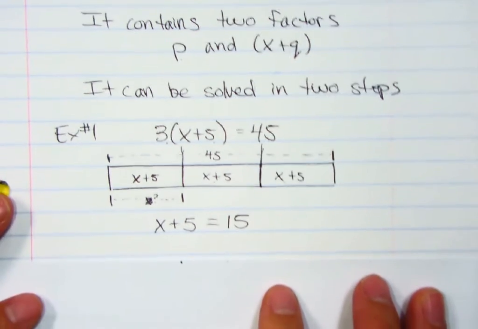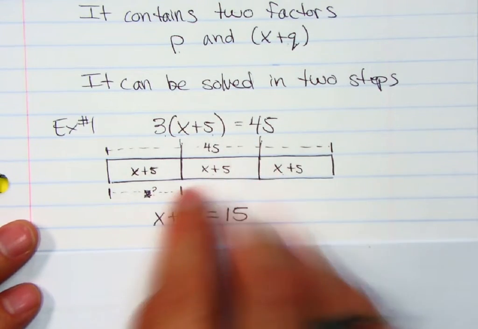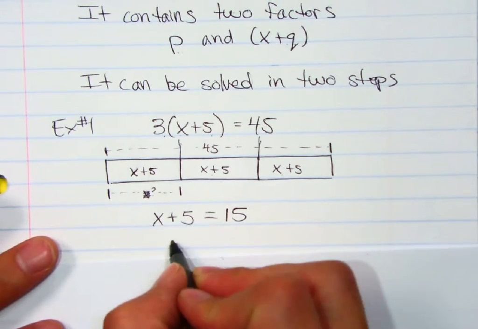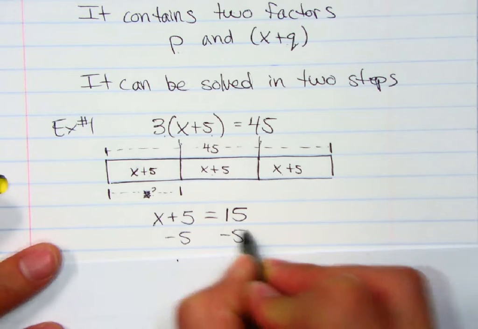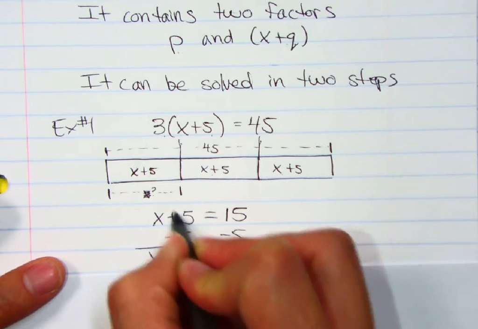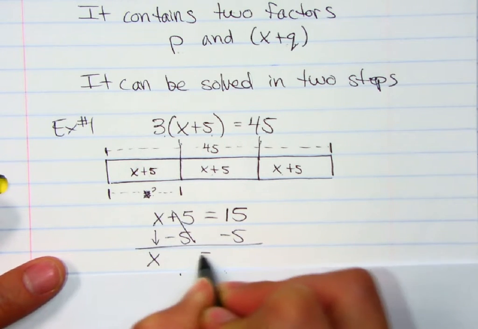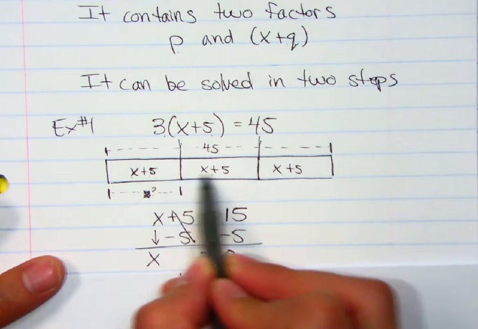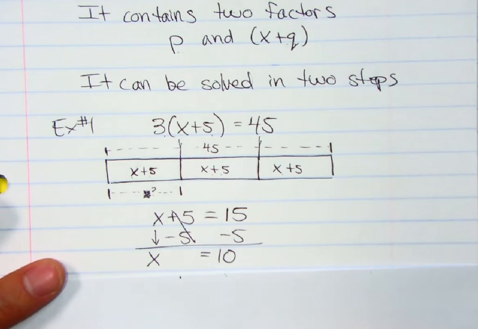So that would be the first step: you're cutting that bigger piece into 3, dividing by 3. Then you subtract 5 on both sides, and x drops down, equal to 10. And that makes sense: 15 plus 15 plus 15 equals 45.